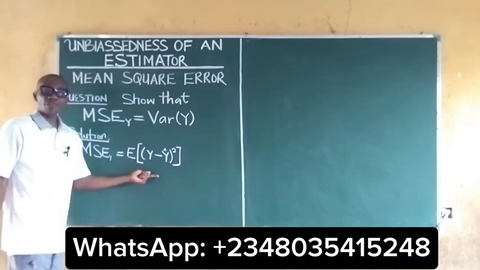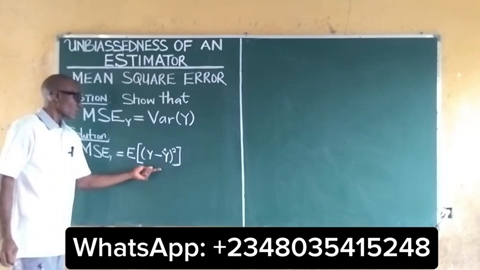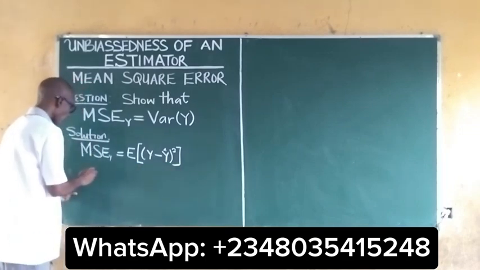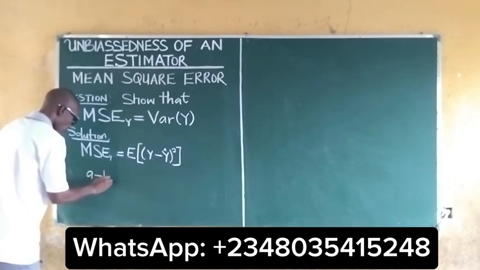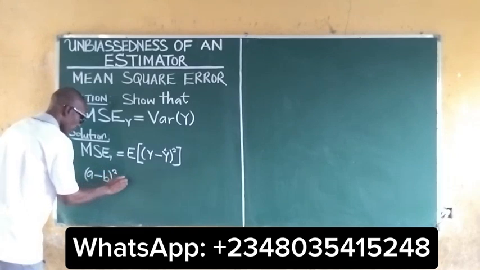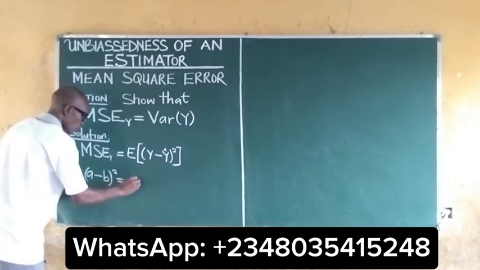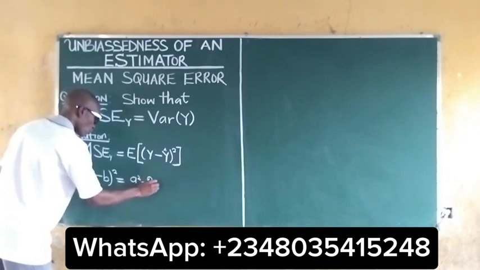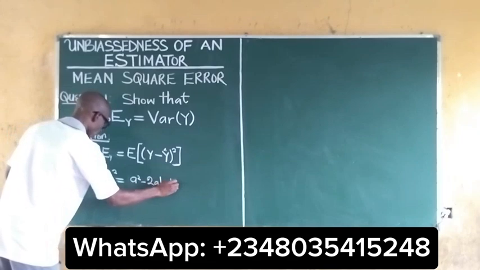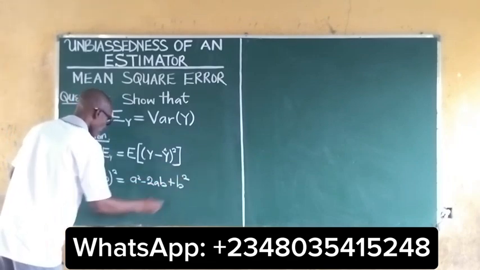And from the quadratic expansion, we note that (a minus b) all squared is equal to a squared minus 2ab plus b squared.